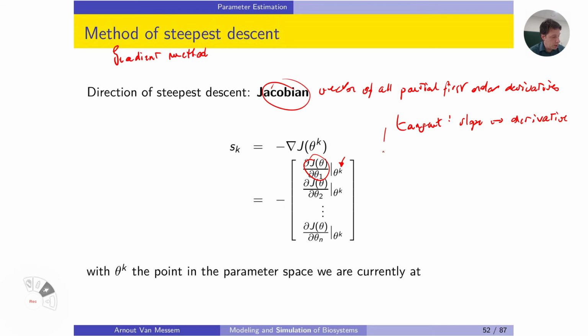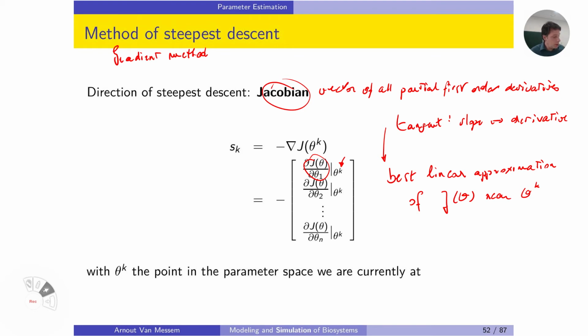And so what it does here, it gives you the best linear approximation of j theta near the point theta k. So basically it's the same thing as what we had with the tangent line in the one-dimensional case. The tangent line also was the best linear approximation of my function near the point I am at.